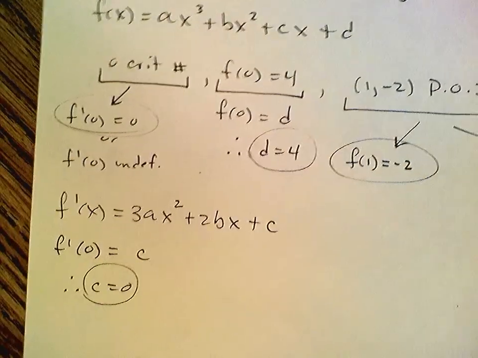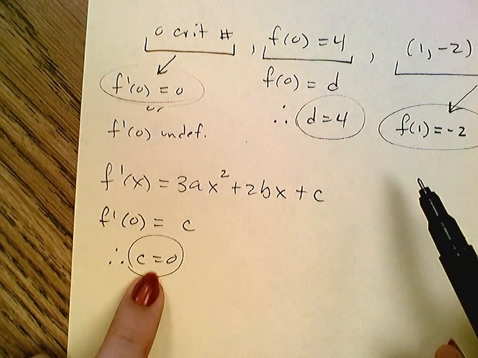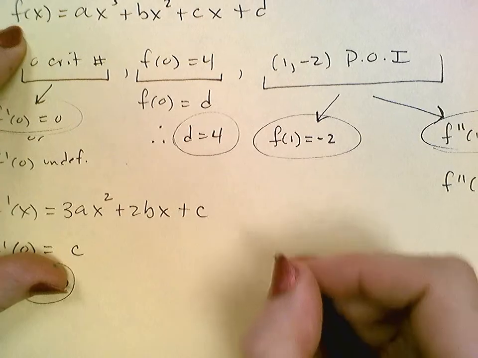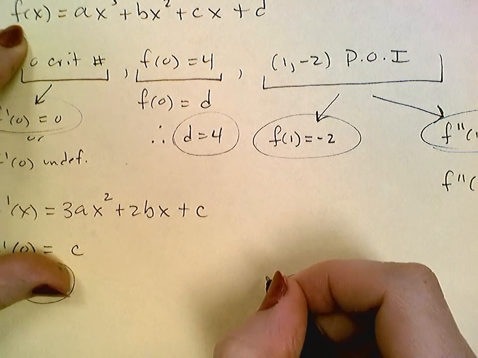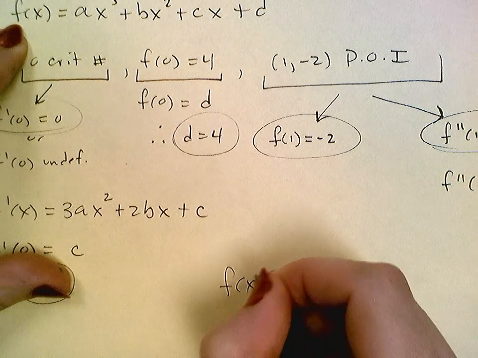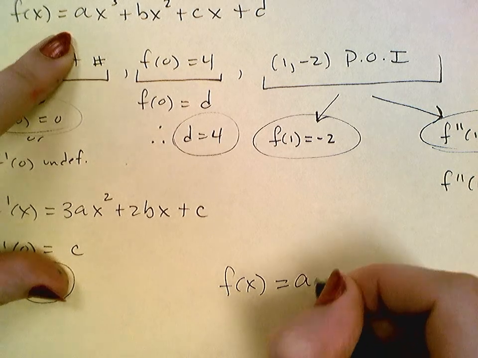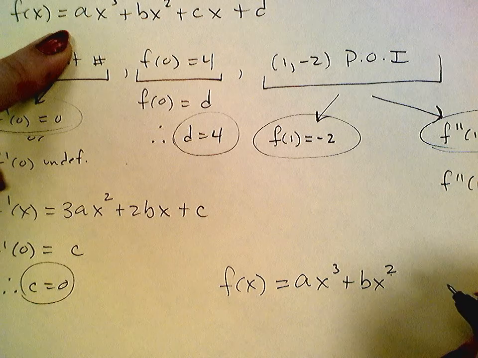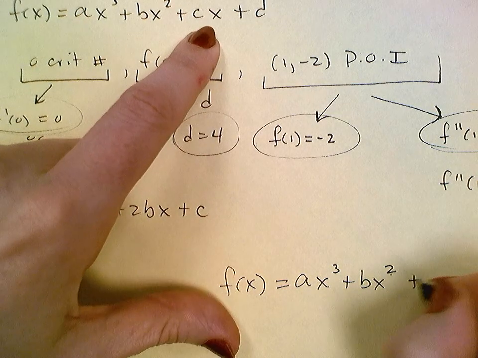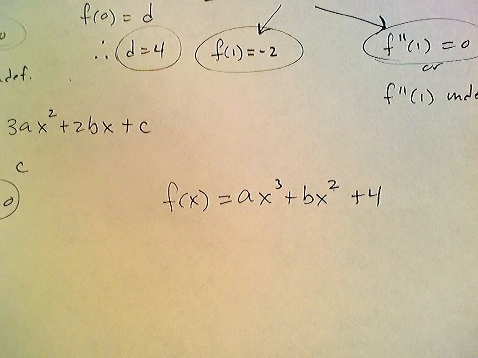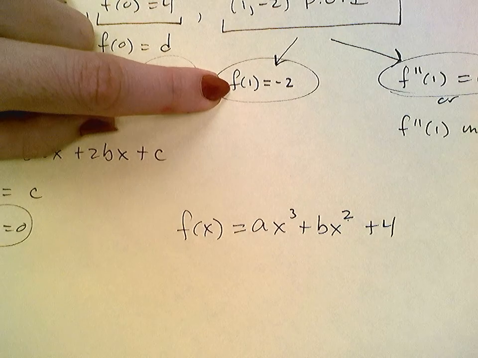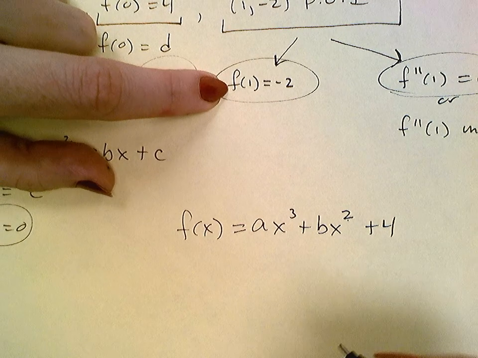Now, we already figured out that c was 0 and d was 4. So I know that f of x is equal to ax cubed plus bx squared, c is 0, so it's this. And then furthermore, I know that f of 1 equals negative 2.